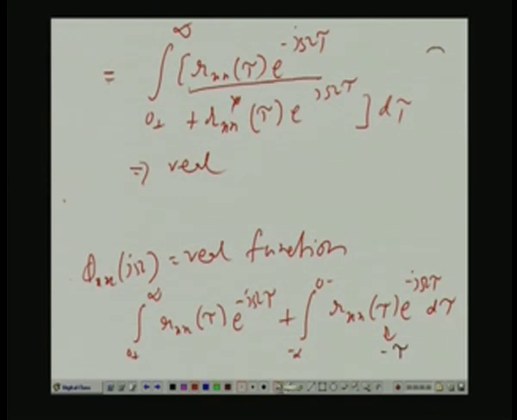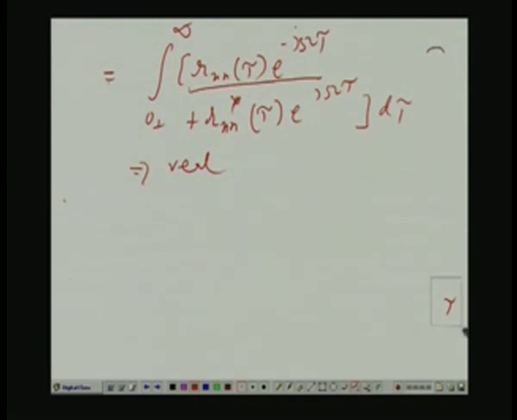Further, for the special case, if x t is real, then the power spectral density phi x x j omega is not only real, because this is real always as we have seen, but it is also an even function.